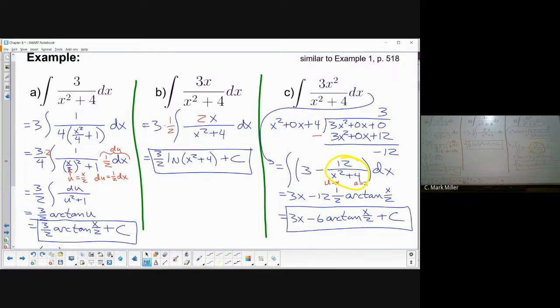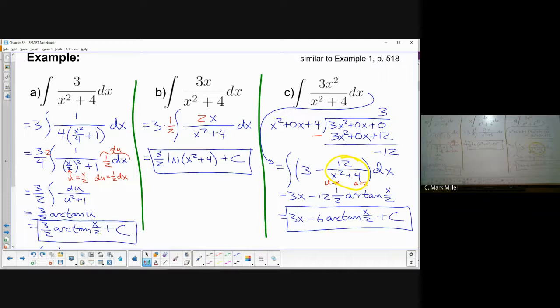How is that the same as the other one? This isn't the same as these, because this isn't arctan anything. I thought they're all like get to the same answer. Oh, no. These don't get to the same answer. No, they're all different integrals, but they're very similar, right?